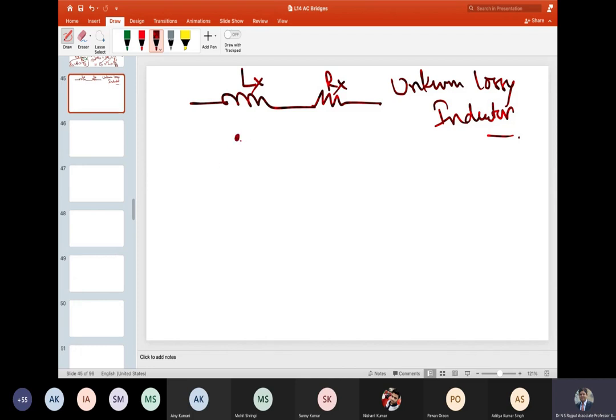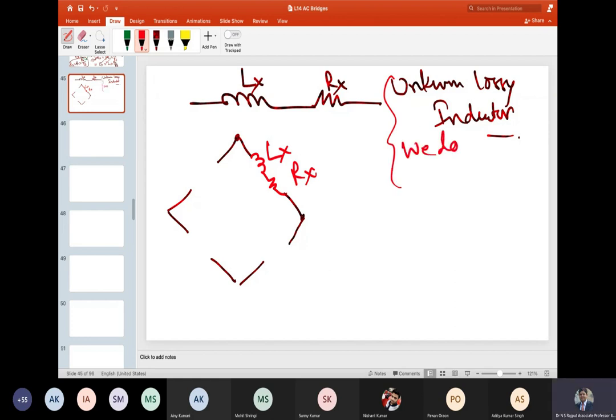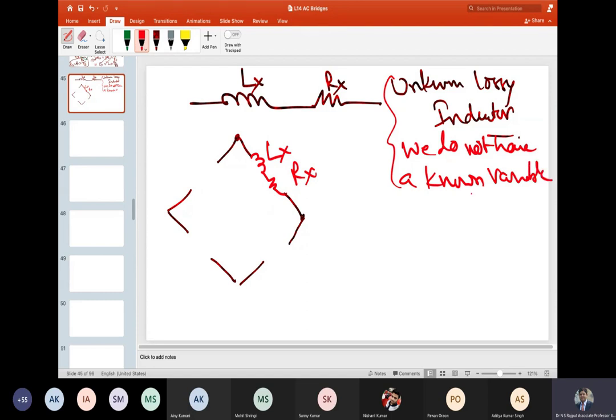So as always, I will start with creating something where I can just consider where to insert what. Okay, so while I want to insert something on this side, obviously I will have to insert my unknown, so Lx and Rx, and the condition is that we do not have a known variable lossy inductor.